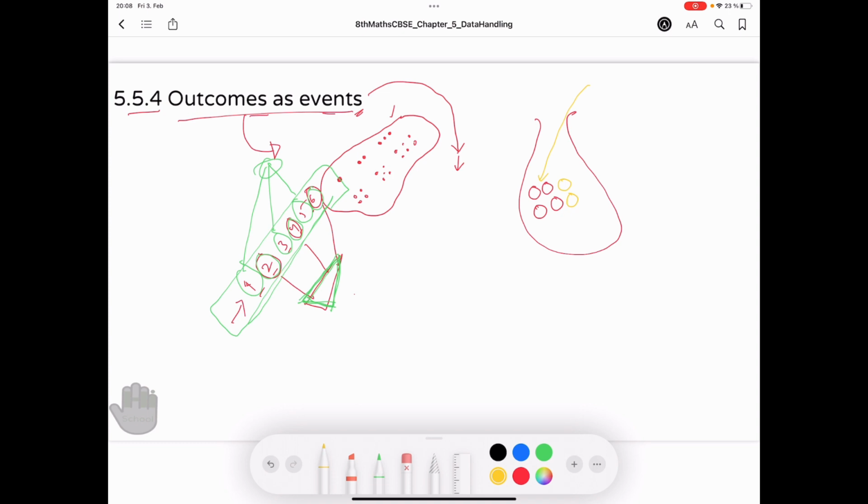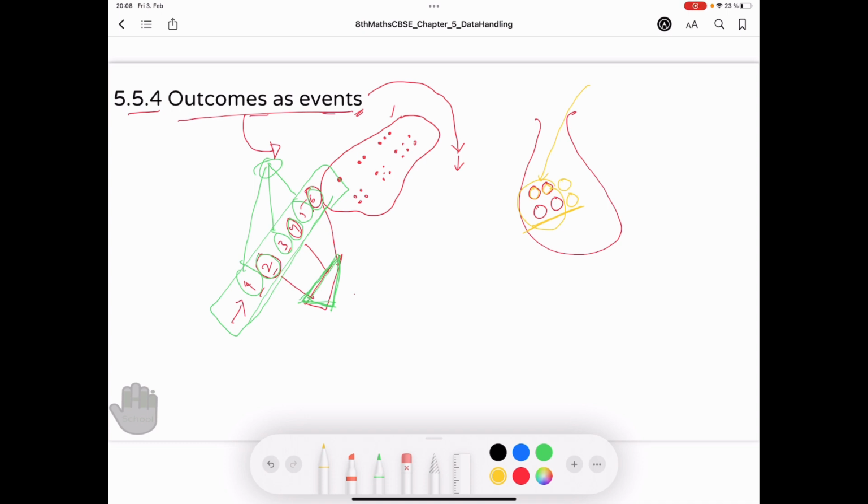There are 4 red balls, so what are the possible outcomes? How many balls are there? 6 balls, so there are 6 possible outcomes, because any of those balls can come out.